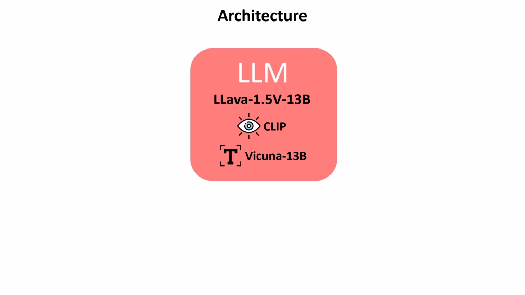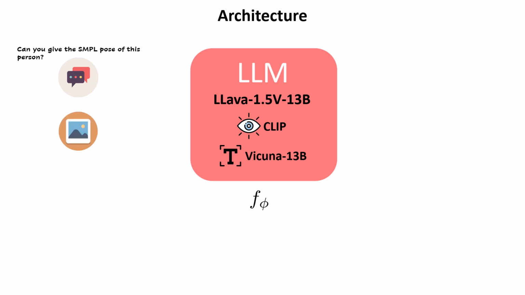And mathematically speaking, we can represent this LLM as a function f with trainable parameters phi. As the input, we have some text like, can you give the SMPL pose of this person? And also some image, like this image of a person in a specific pose. And the output, the model has to give something like, the SMPL pose is this pose token.